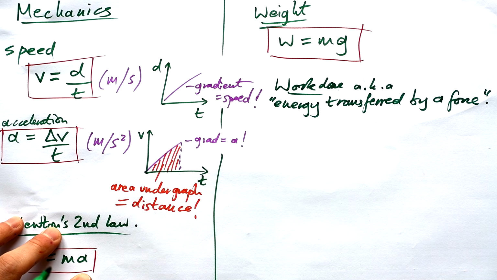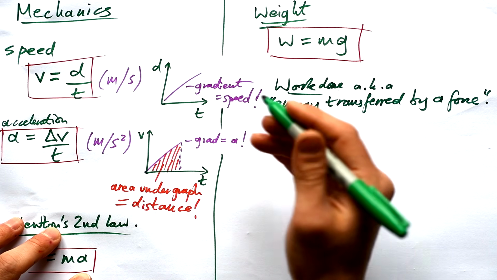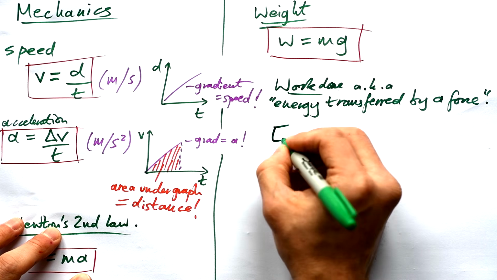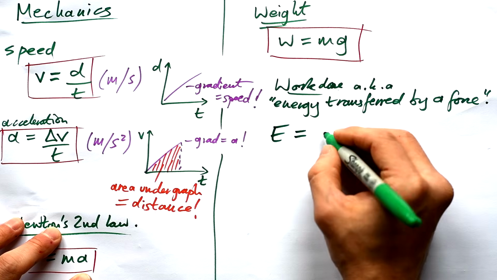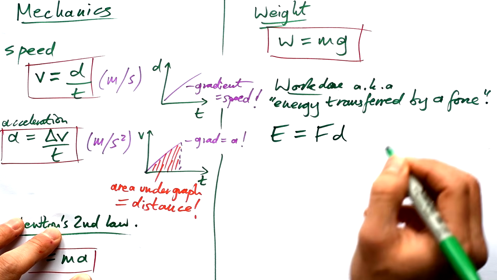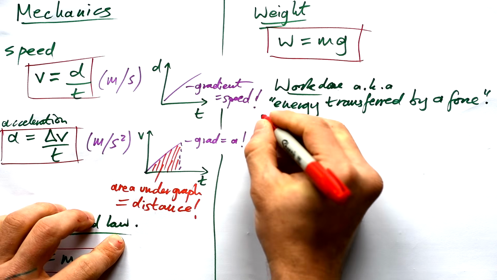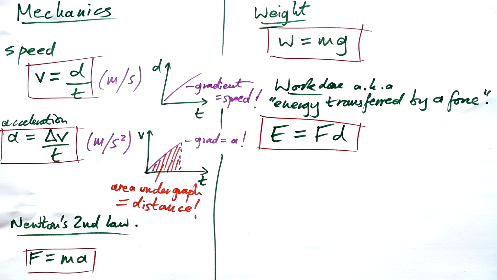It's an energy, we measure it in joules, but because we give it this special name work done, that confuses a lot of people. Now you might see W for this, but I don't like that because it's an energy. So I'm just going to call it E. What do we do to calculate it? It's just force times distance. If you push something with so many newtons over a certain distance, you can calculate how much energy you've used, how much energy you've given it, by just timesing those two together.